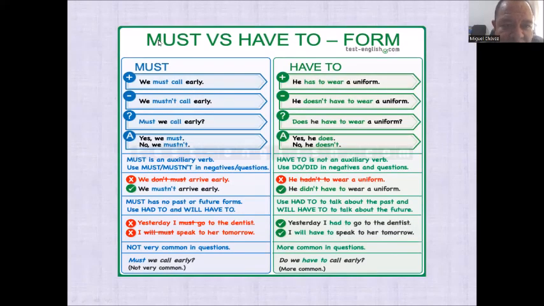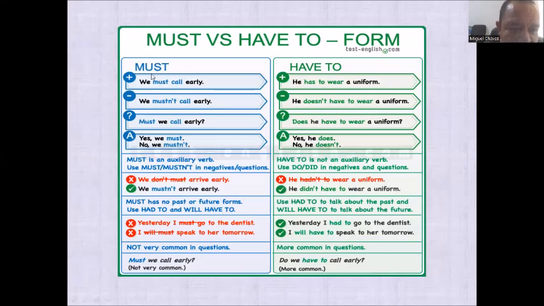Must is an auxiliary verb. That's why it needs to have a main verb, as we can see in the example. We must call early. The form of the verb after must is going to be the simple form. We are going to use must for all the persons.